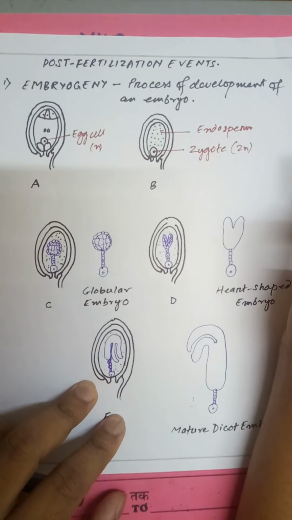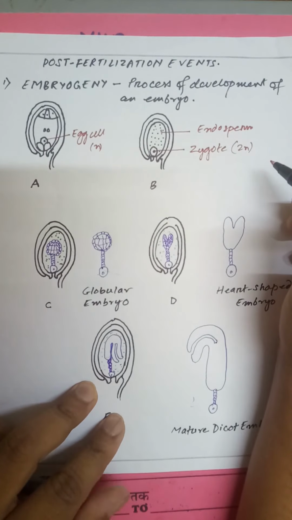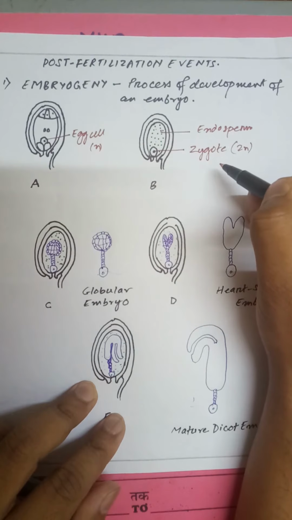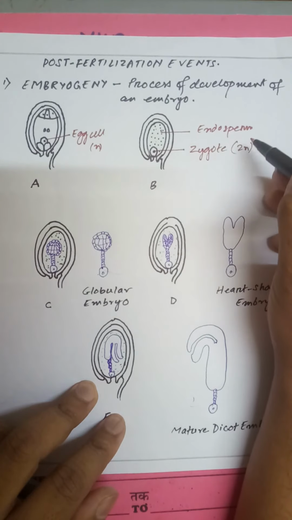This dotted area is the endosperm, which provides nourishment to the developing embryo from the zygote. The zygote will give rise to embryo. Embryo needs nourishment. The nourishment is provided by the nutritive endosperm.